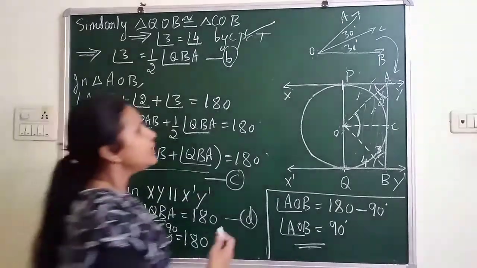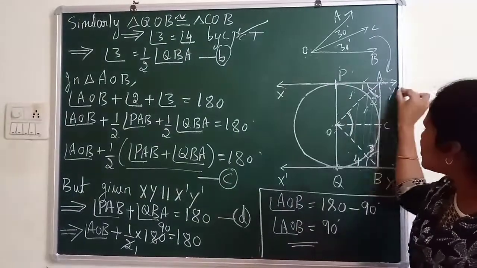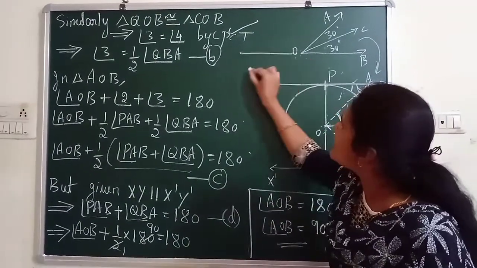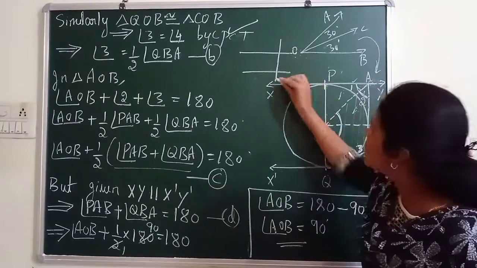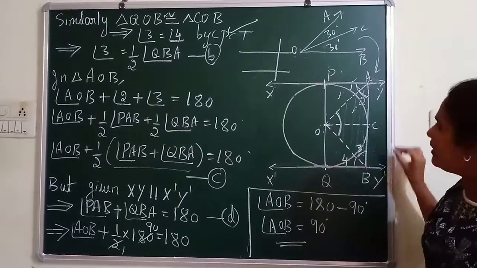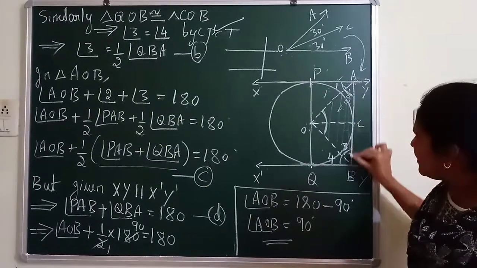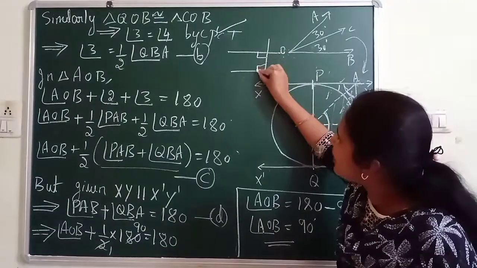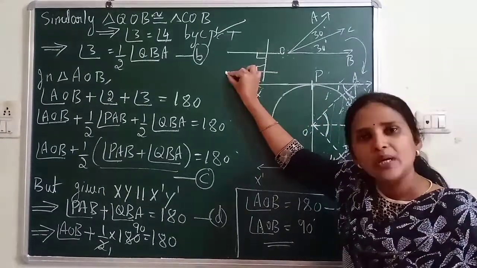Just go back. He has given XY and X dash Y dash are parallel. So when these 2 lines are parallel and this is a transversal, you can see here XY and X dash Y dash are parallel and AB is a transversal. Because AB is a transversal, this corner angle and this corner angle become co-interior angles.